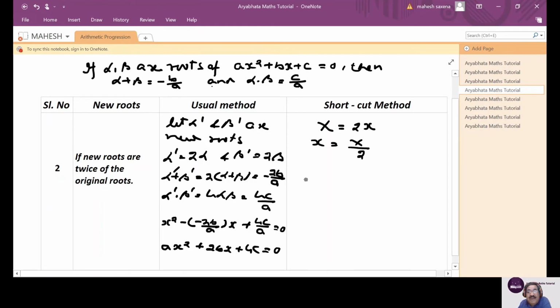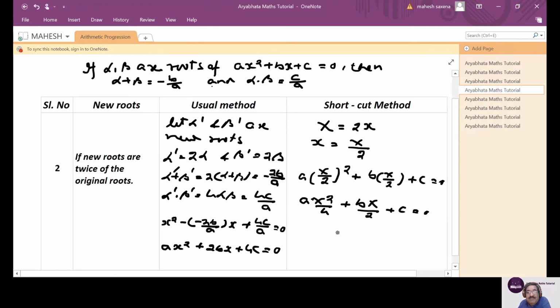Then the equation will be a (X by 2) whole square plus b (X by 2) plus c is equal to 0. Therefore, it becomes aX square upon 4 plus bX upon 2 plus c is equal to 0. Multiplying by 4, you can write the equation as aX square plus 2bX plus 4c is equal to 0. So you see that by the shortcut method, you can form the new quadratic equation very easily.